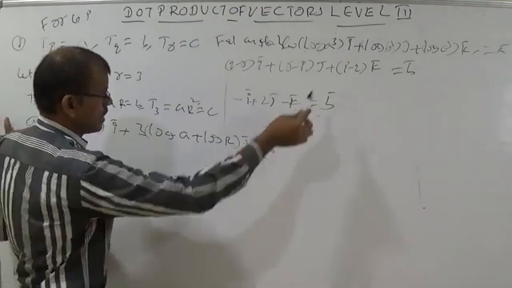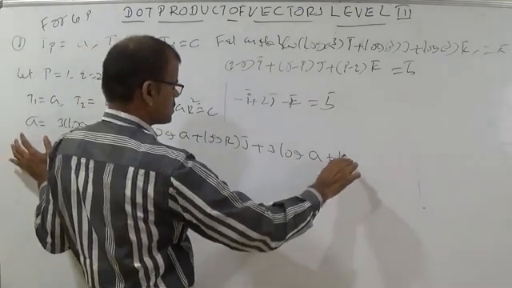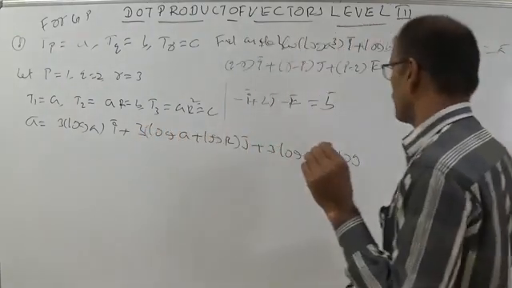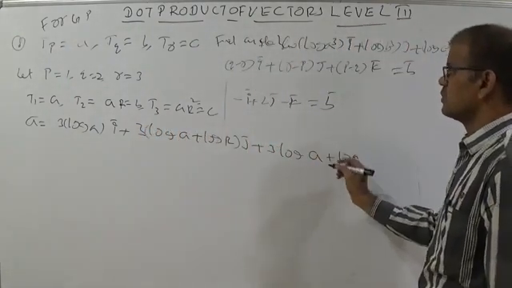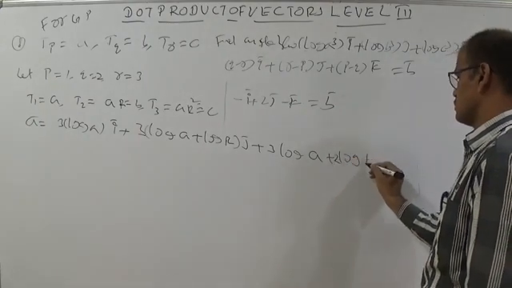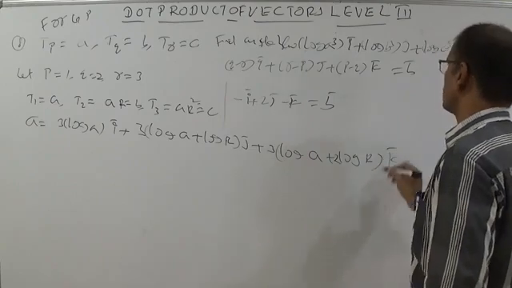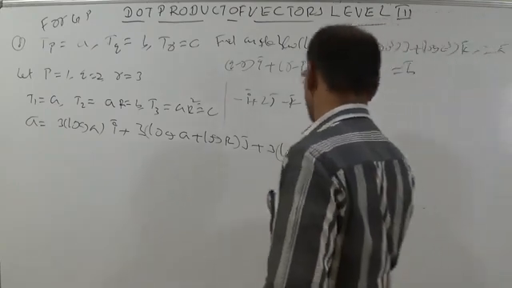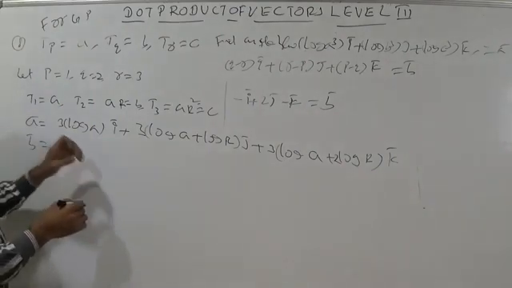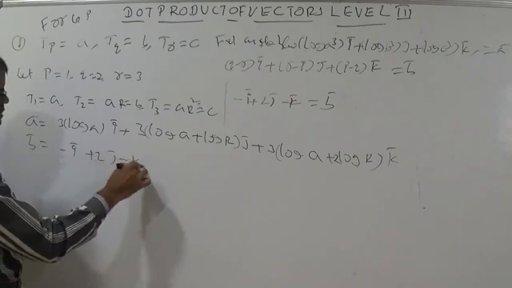Again 3 into log A plus log R square, so 2 log R, 3 into log A into k bar. Now B bar is equal to minus i plus 2j minus k.